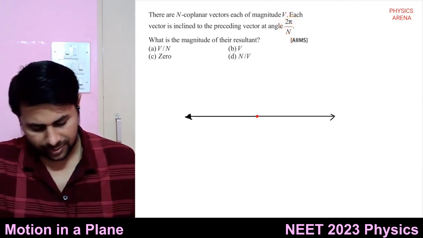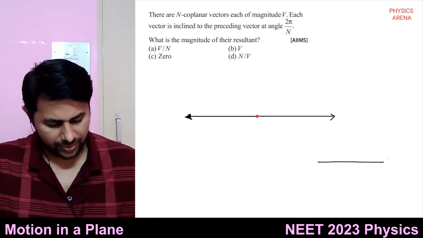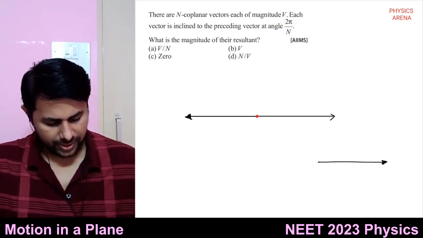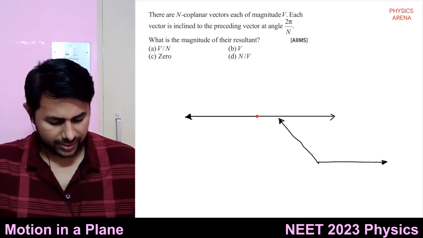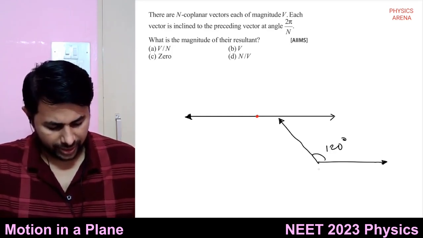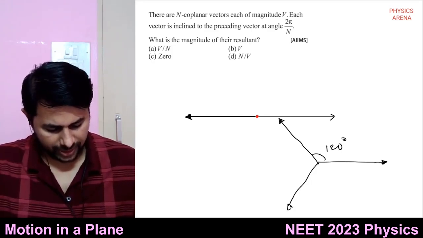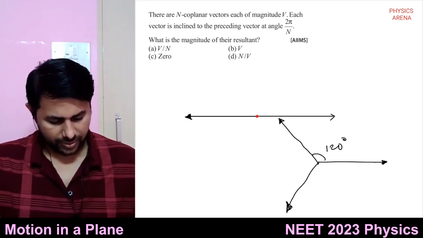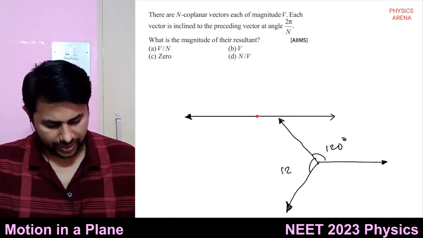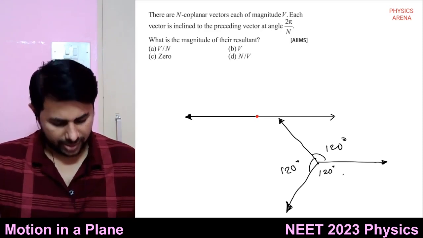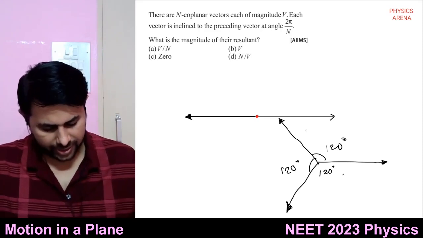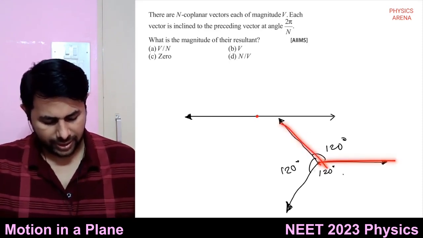So three vectors having the same magnitude, inclined at an angle of 120 degrees. So this is 120, 120, and the third vector will be like this. Okay, so this is 120 degrees and this is 120 degrees, right? So will the resultant of these three be equal to 0? Yes or no? Can you say?